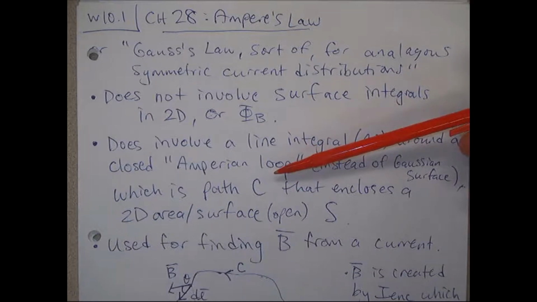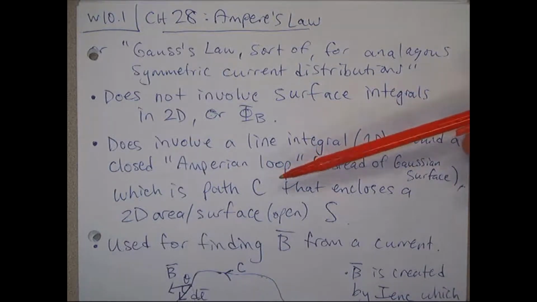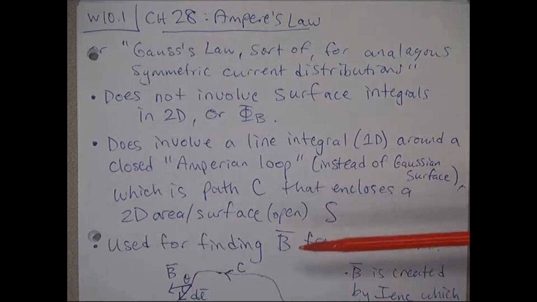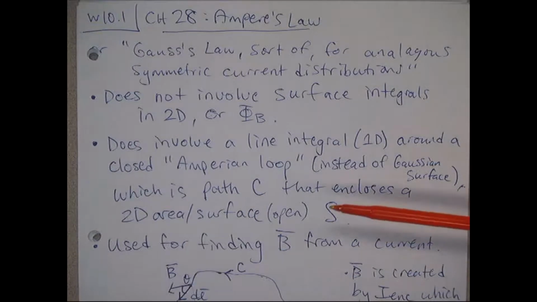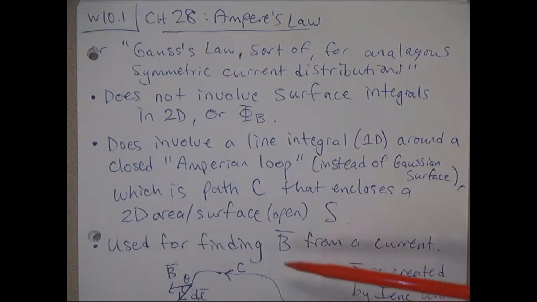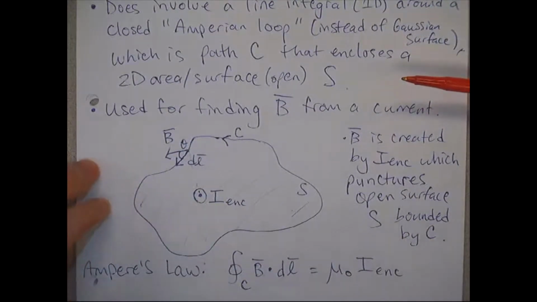So that will be a one-dimensional path C, which encloses a two-dimensional area or surface S. By definition, a closed loop can only define an open surface. You should think about that on your own.